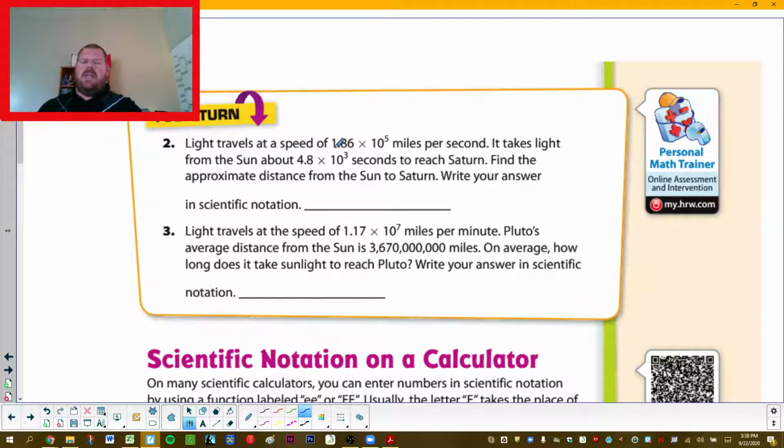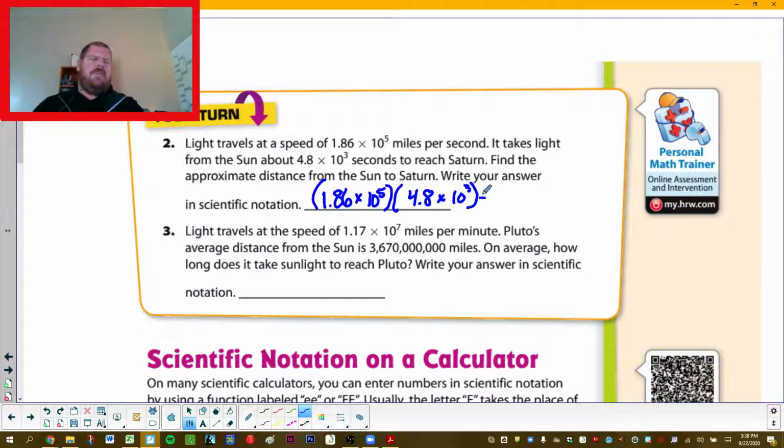So I have a rate, miles per second, and I have a time that is seconds. So here what I'm looking at doing is going 1.86 times 10 to the 5th, and then multiplying that by, maybe we'll use parentheses here, that feels a little bit better, 4.8 times 10 to the 3rd.